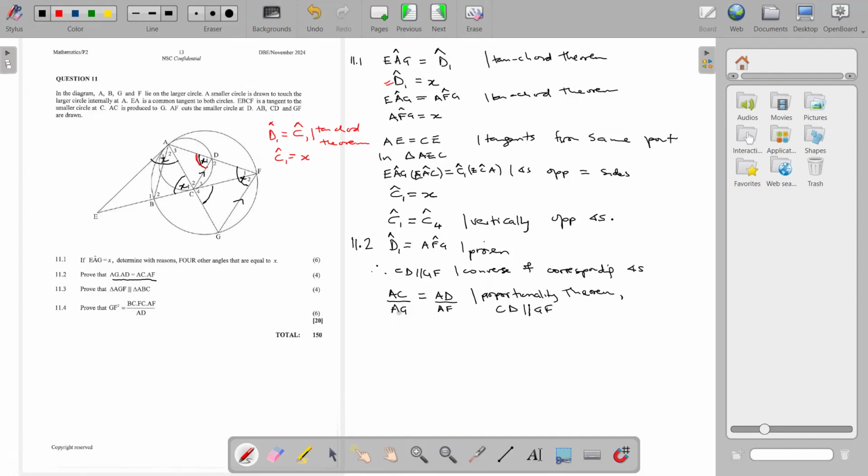Then from here we can cross multiply: AC multiplied by AF must be equal to AD multiplied by AG, which is what is required there. So we just need to rearrange: AG multiplied by AD is equal to AC multiplied by AF. This has been proven.